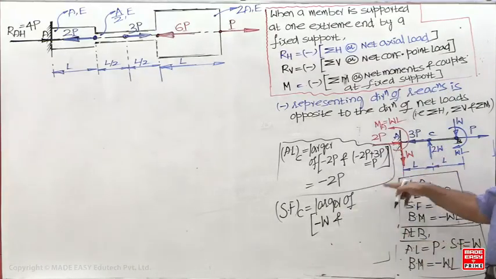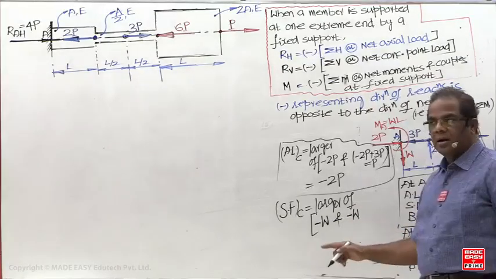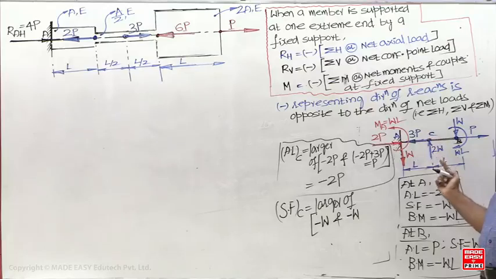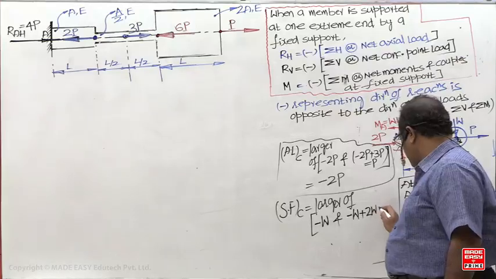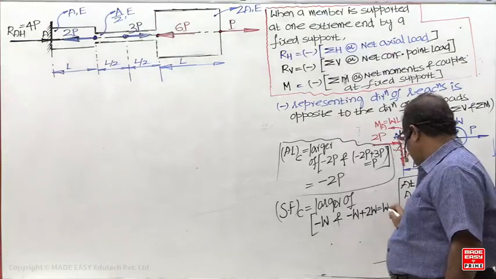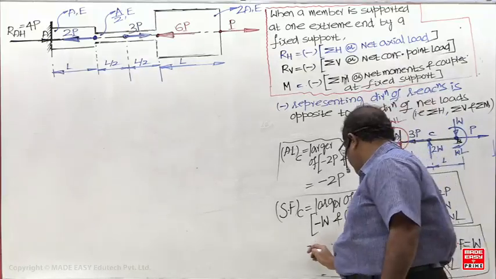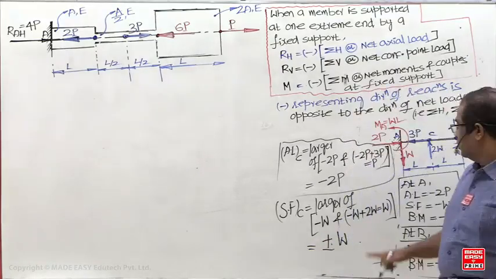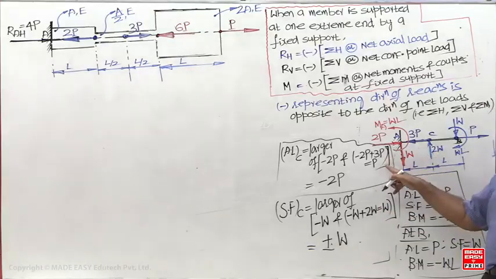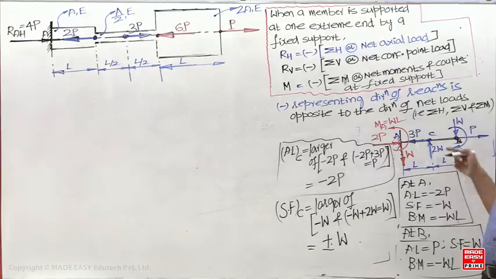By neglecting, you got minus W. That is the previous value plus this value now. Taking the left side, this is taken negative, so it is positive: minus W plus 2W. So what is the larger value? Plus W. So when C belongs to AC, shear force is minus W. When C belongs to BC, plus W.